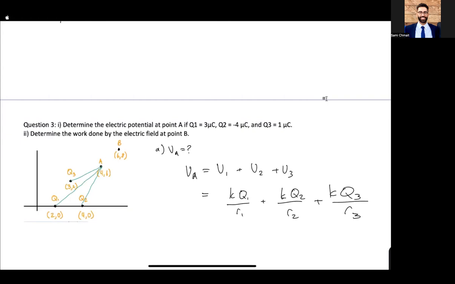You can factor out K. What makes this question a little tricky is that you need to do a lot of Pythag to solve. So you just have to draw a few triangles.